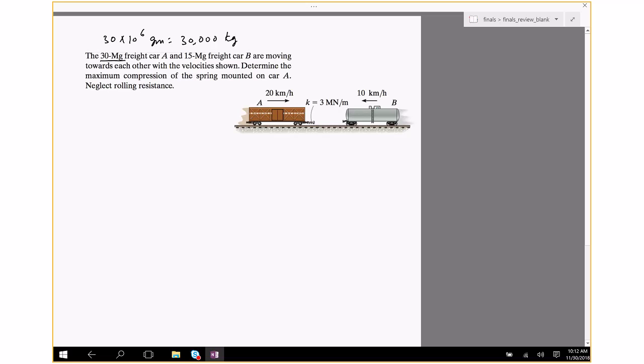So a 30,000 kg freight car A and a 15 Mg freight car B, so 15 Mg is 15,000 kilograms, are moving towards each other with the velocities shown, 20 and 10 kilometers per hour. Determine the maximum compression of the spring mounted on car A. This is a spring. We have to find the maximum compression.